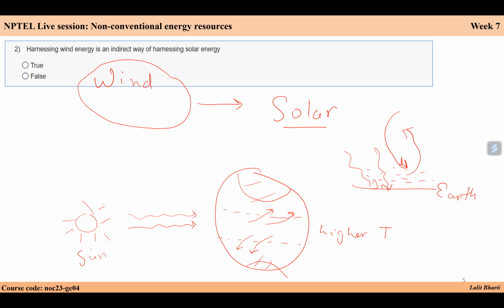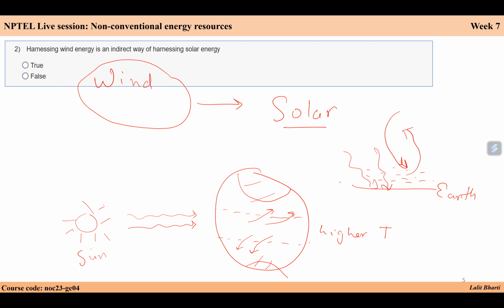So this circulatory motion of winds creates a wind stream or current of wind, and with the current of winds we can harness the energy using our wind turbines.